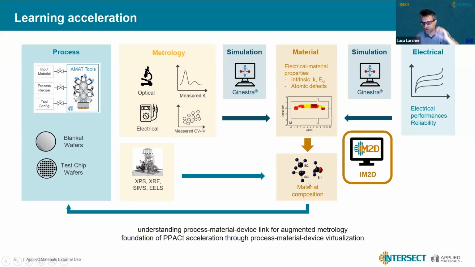And the composition is really key to go back to the process people and try to optimize the process. This is a kind of cartoon example, but we are working on that within Applied, showing you how we can use this kind of software simulation infrastructure to speed up the learning, and then to speed up the development.